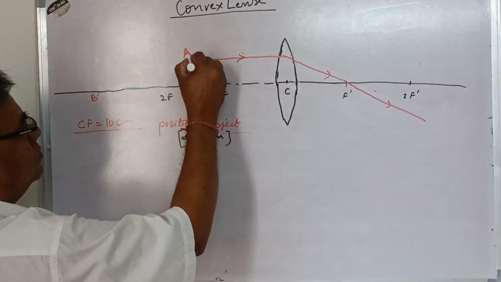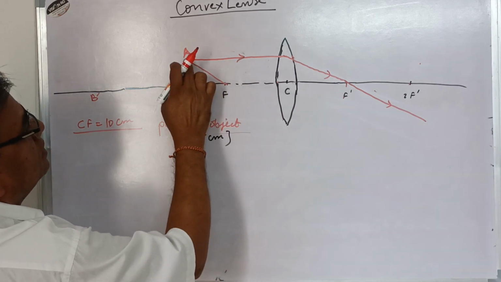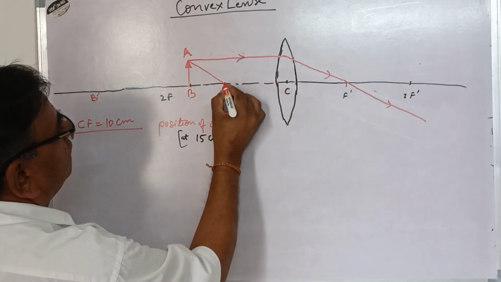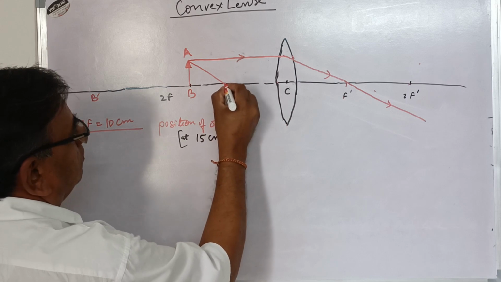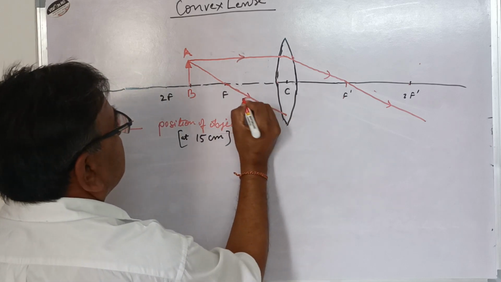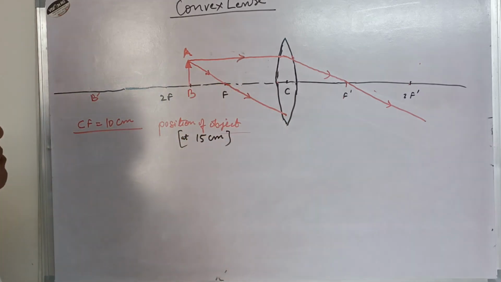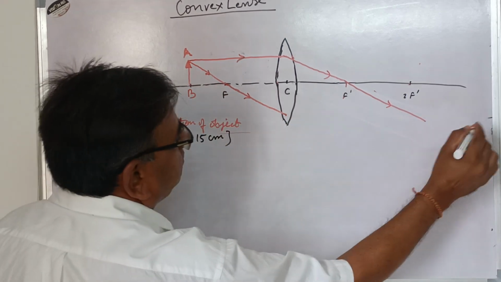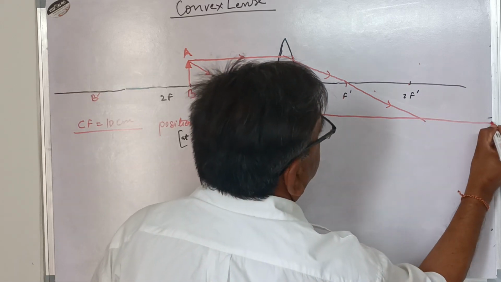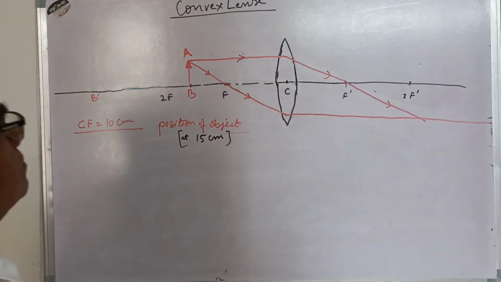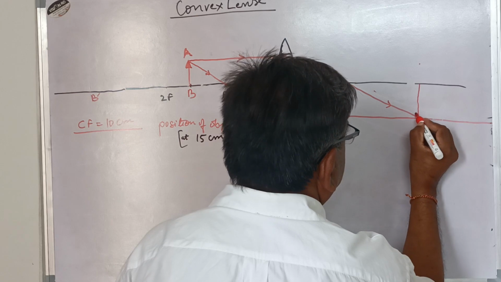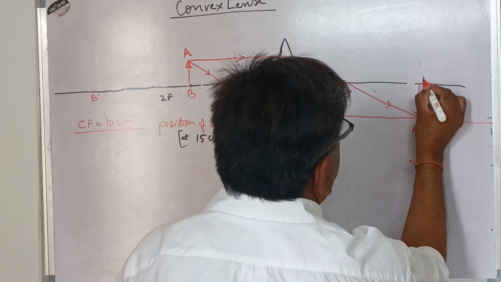You can take 2 rays, whether from C, that will go undeviated, or from F. After refraction, the incident ray which is passing from the focus will be parallel to the axis. This will be the A dash B dash.